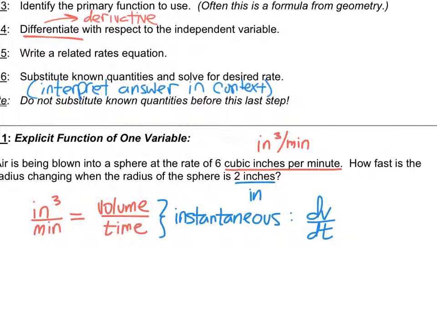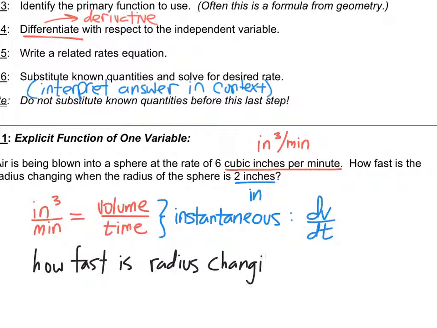So they're asking us how fast is the radius changing? Let me write that down. How fast is the radius changing? Under what circumstances?